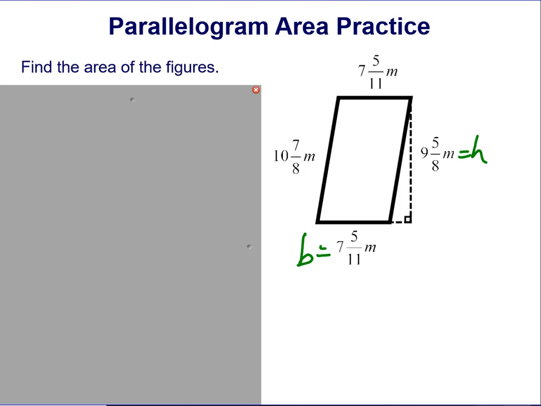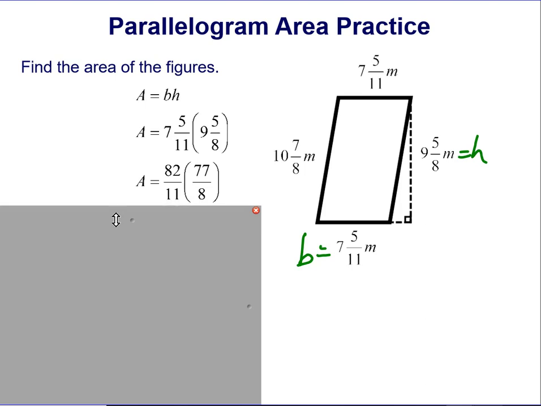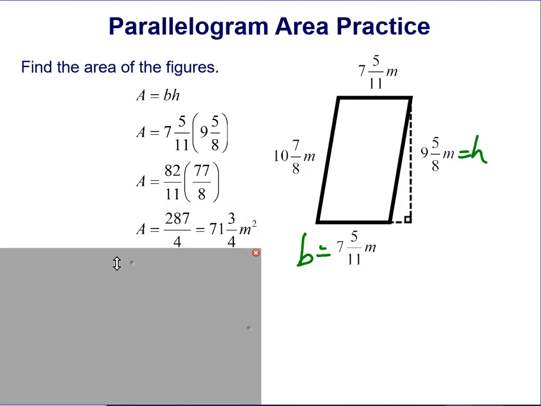Now that I know what my base and my height of the parallelogram are, I can solve for the area. My formula is area equals base times height. I substitute in my base and my height. Convert to improper fractions, and now I can do the multiplication.